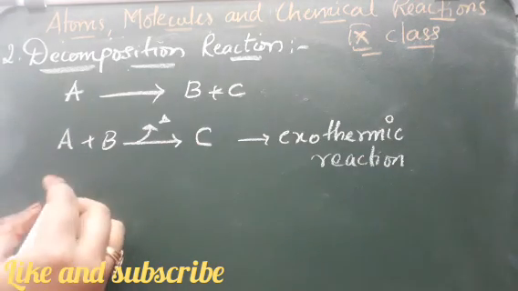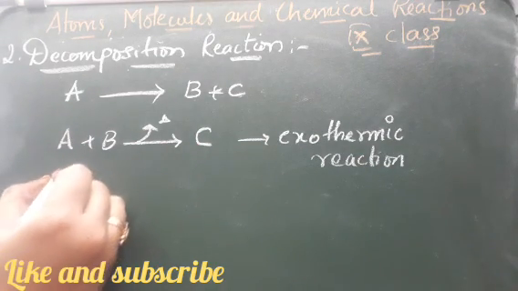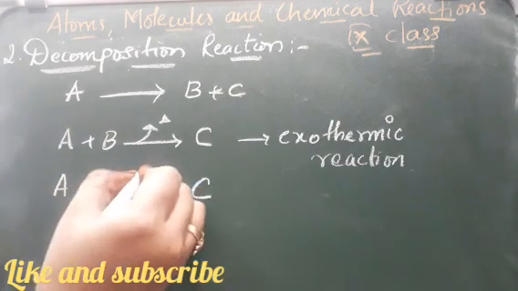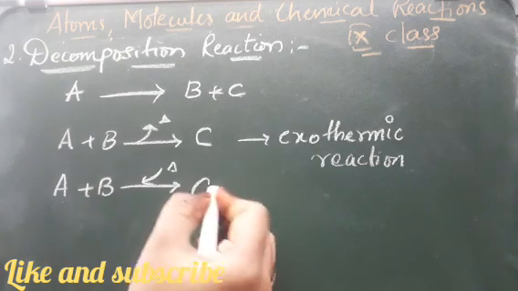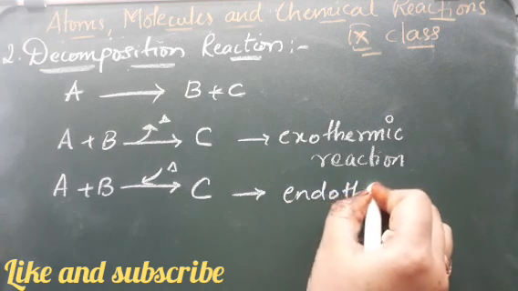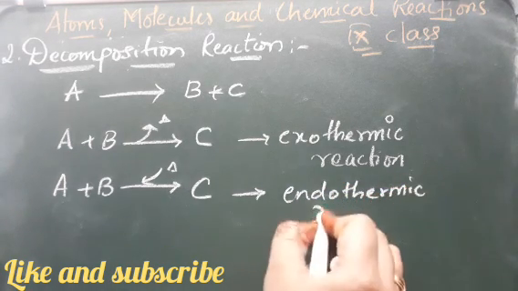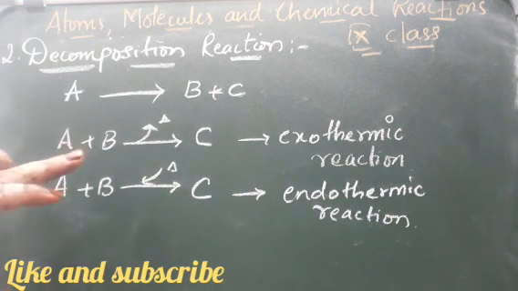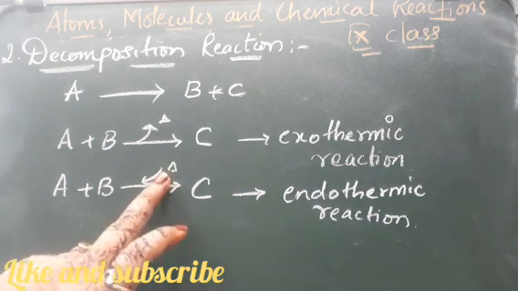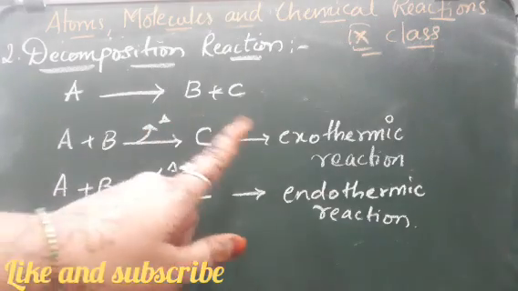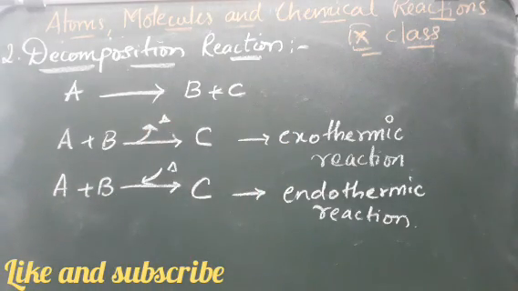If A and B form a product C by absorbing heat, then this is called an endothermic reaction. If a reaction takes place with the absorption of heat energy, it is called endothermic. And if a reaction takes place with the release of heat energy, it is called exothermic.